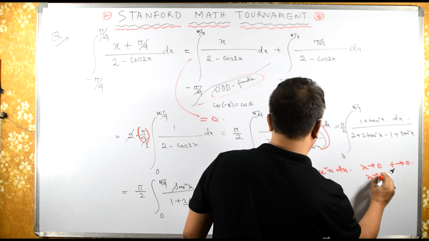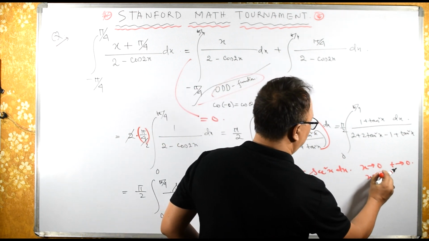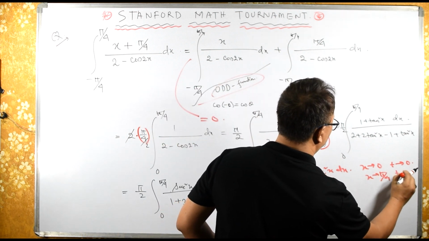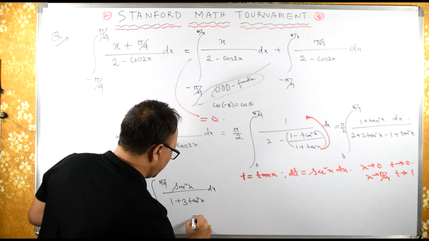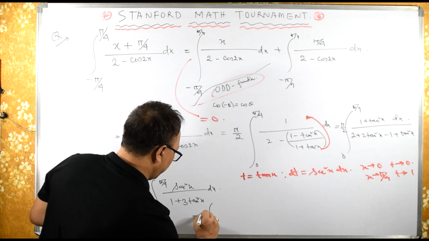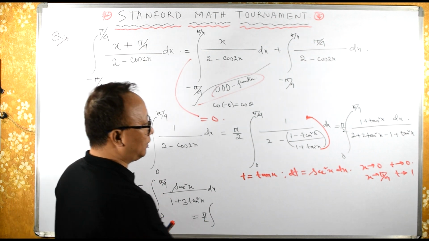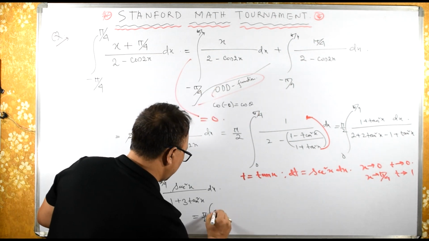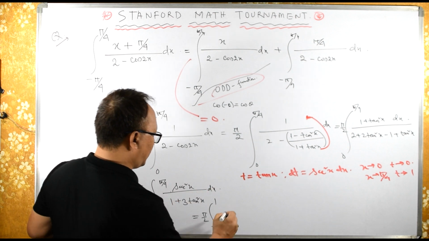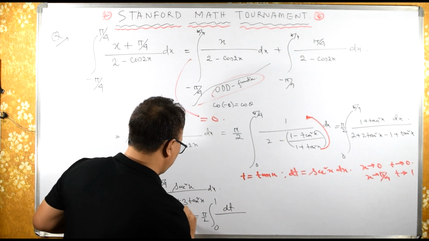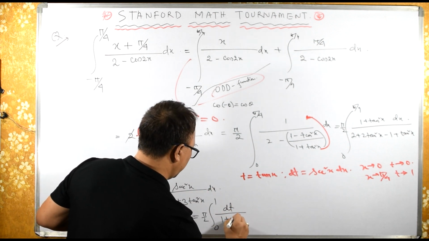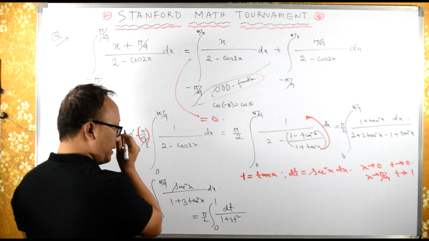When x tends to pi by 4, t tends to 1. This equals the integral of pi by 2, and the limits 0 to pi by 4 become 0 to 1. Sec square x dx becomes dt upon 1 plus 3 t square.